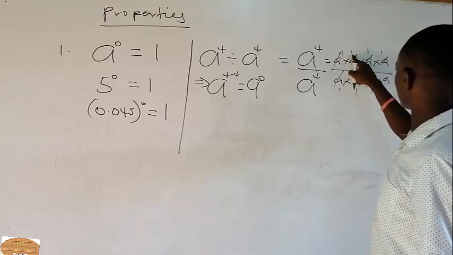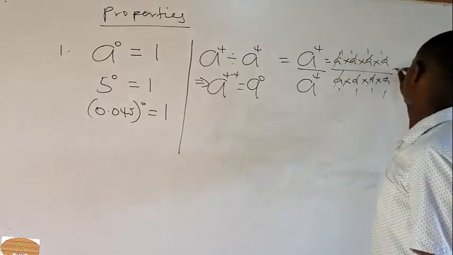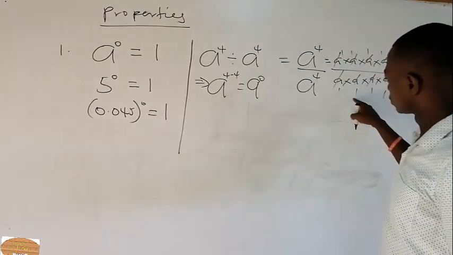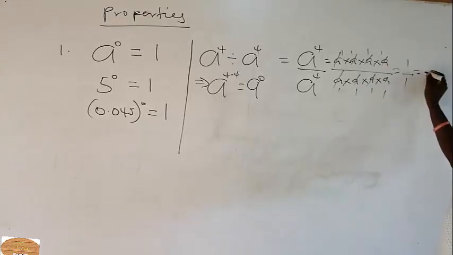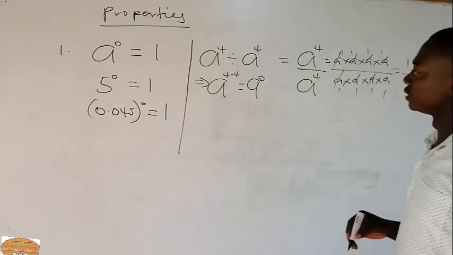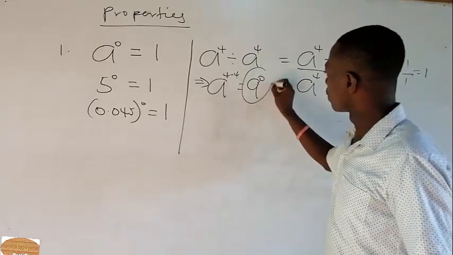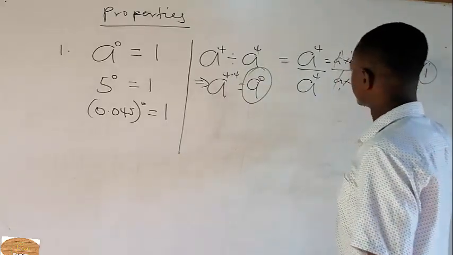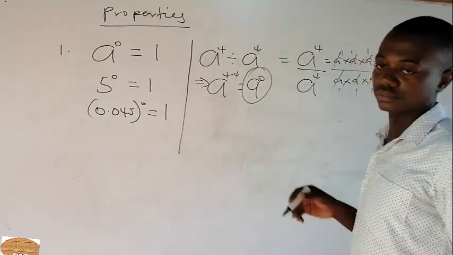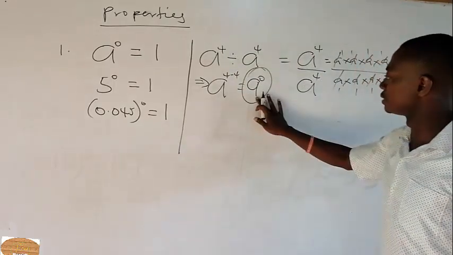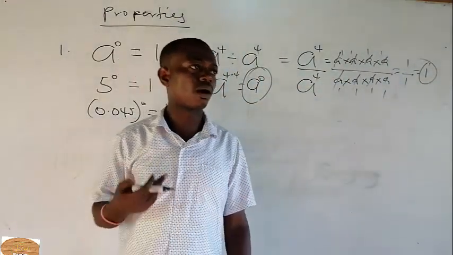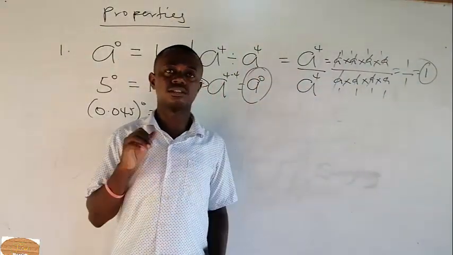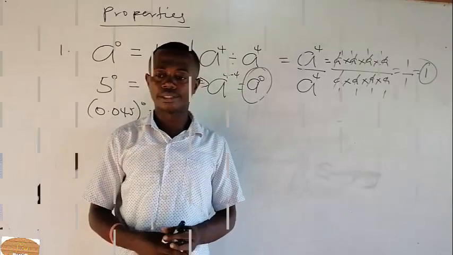So 1 times 1 times 1 times 1 is 1, so 1 over 1 is 1. Alright. So we have a to the power 0 and we have 1. And since this one is equal to this, now we can say that a to the power 0 is equal to 1. So any non-zero number to the power 0 is equal to 1.